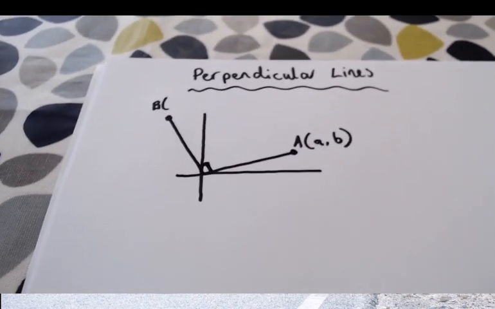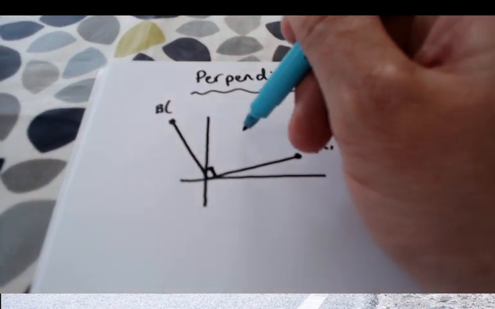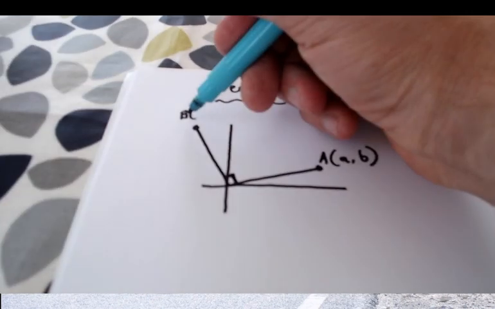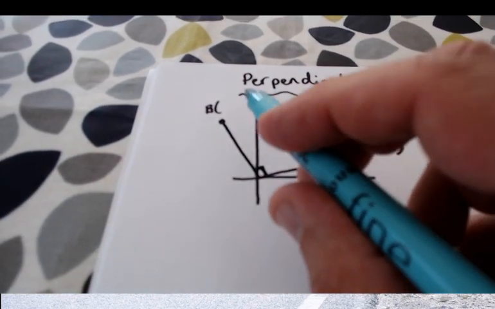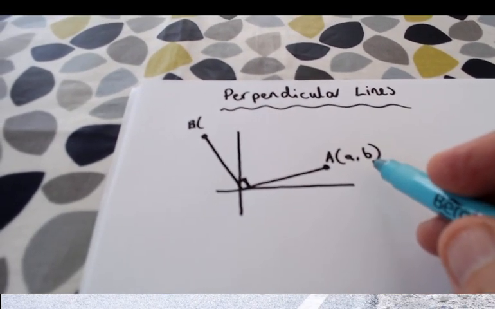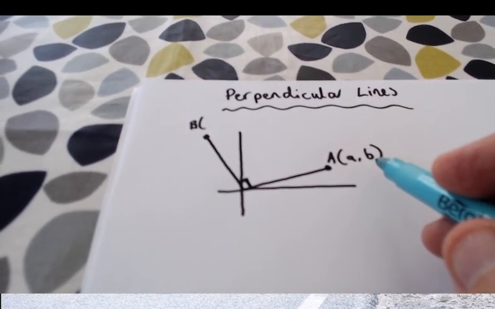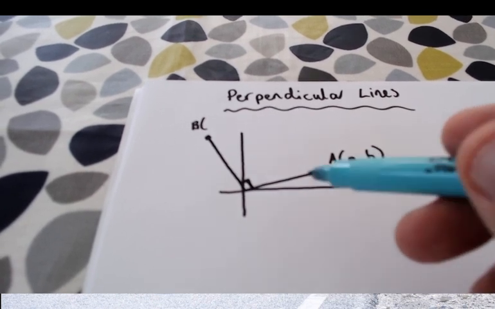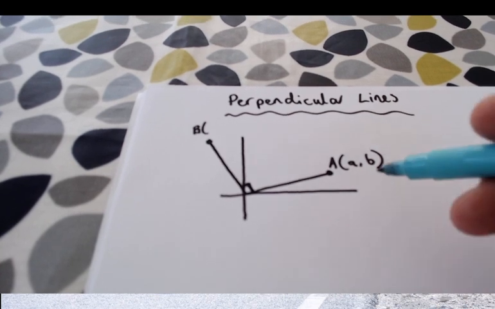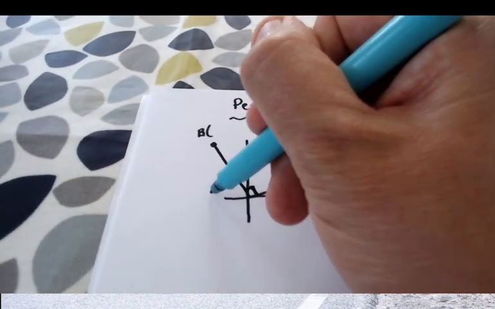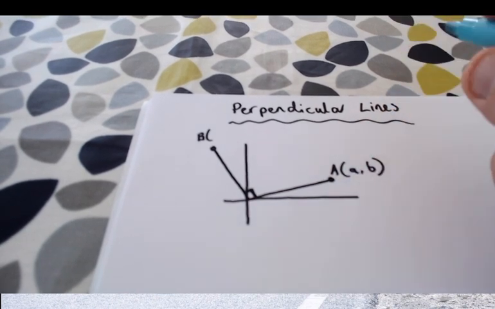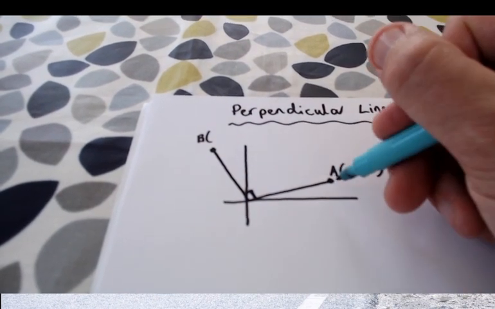Now if I spin this line round 90 degrees and put it to point B, the coordinates are going to be something similar to this here. First and foremost, that along section there is actually the same as that section there.